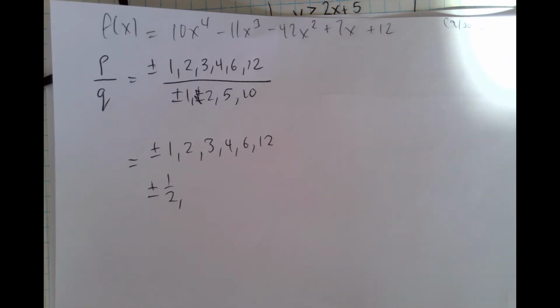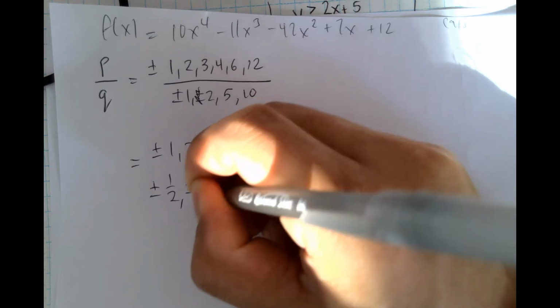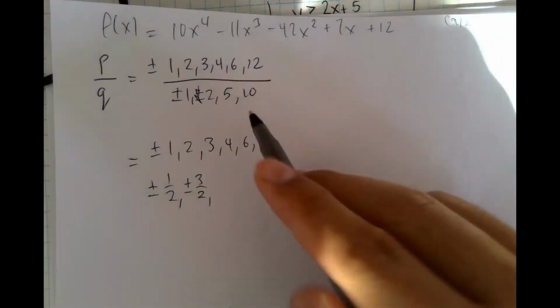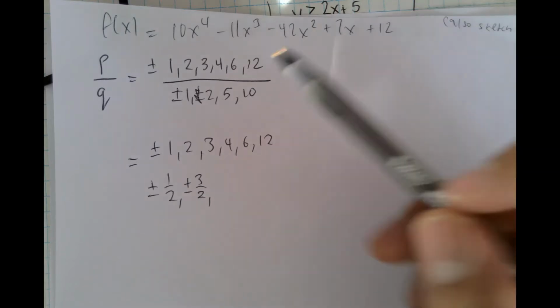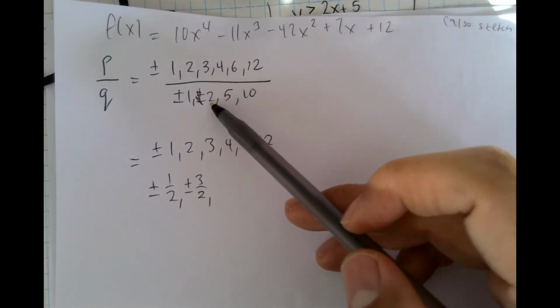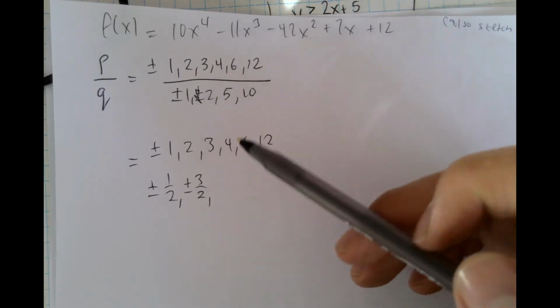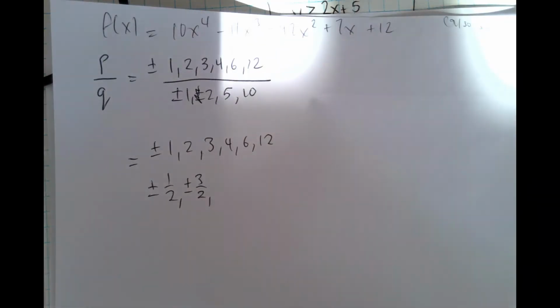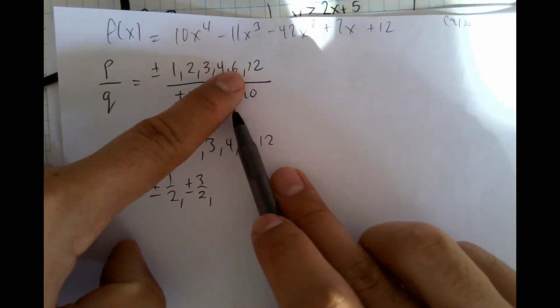3 divided by 2, I do not have, so plus or minus 3/2. 4 divided by 2 is 2, which I already have. 6 divided by 2 is 3, which I already have. 12 divided by 2 is 6, which I already have. The next thing I do is divide everything by 5. So 1/5, 2/5, 3/5, 4/5, 6/5, and 12/5.